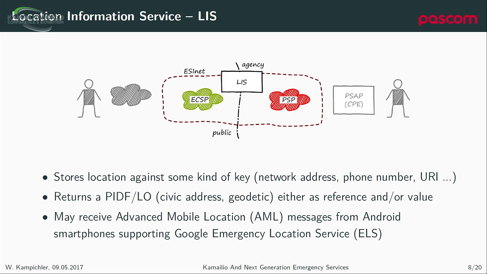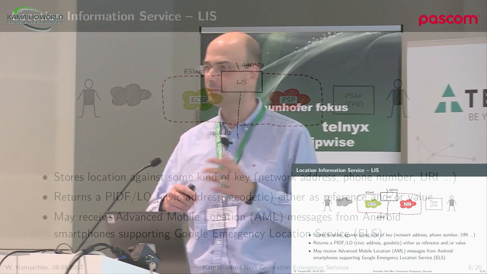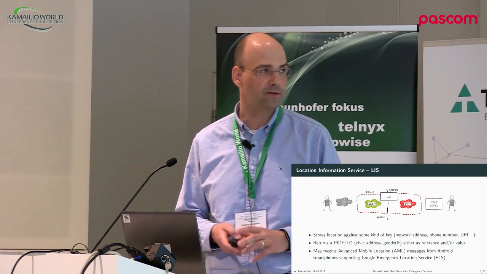This has been around for almost one year, but not all countries are supporting it. But it's a great help for dispatching, because people in the control room know the very accurate location of the calling person. It returns a kind of Presence Information Data Format Location Object. So this is standardized. It's an XML structure, and there are RFCs for that.